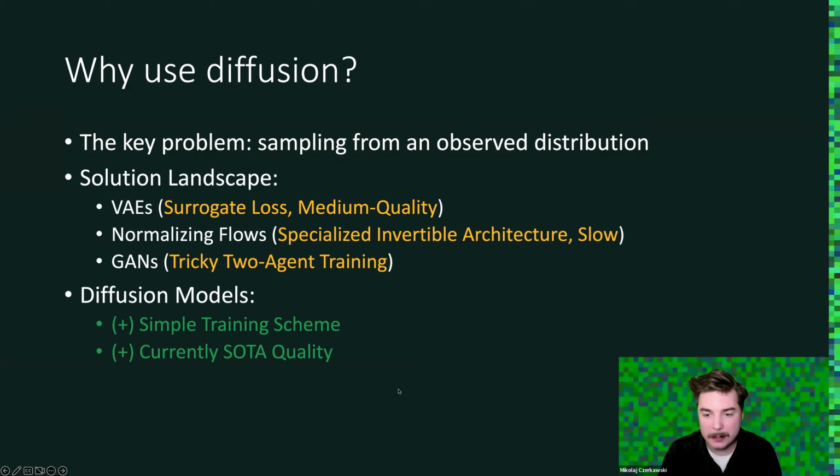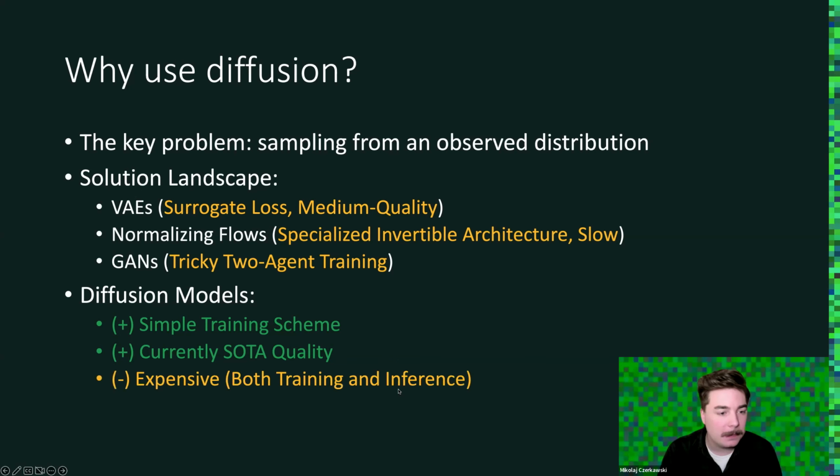So that's the main reason why we might want to use diffusion models in 2023. Okay, they are, however, quite expensive in terms of training and inference. So there's a certain cost to be paid, but because of the quality that they provide and the fact that they're quite easy to train, that might be enough to consider these as good candidates for generative models.